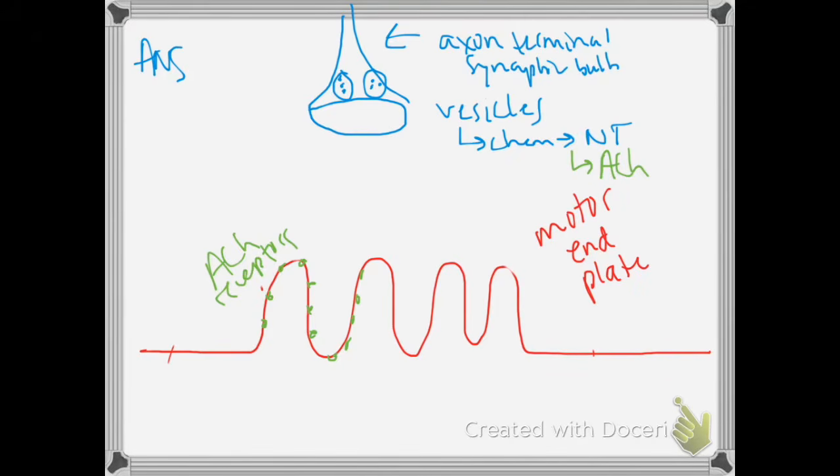On the other side of this neuromuscular junction, at this junction between my nerve and my muscle, we just talked about the neuro part. At this muscular part, we call it the motor end plate. That's this modification of the sarcolemma.